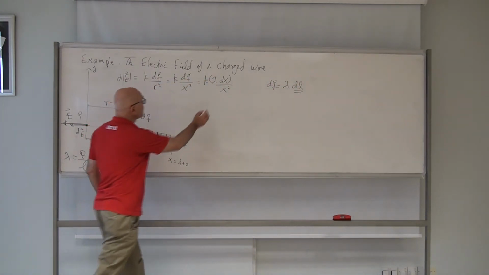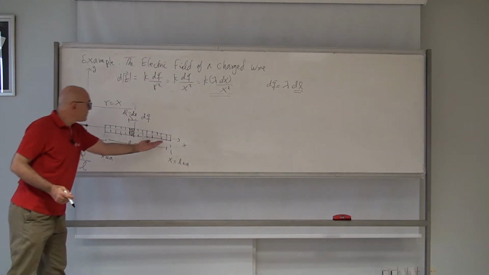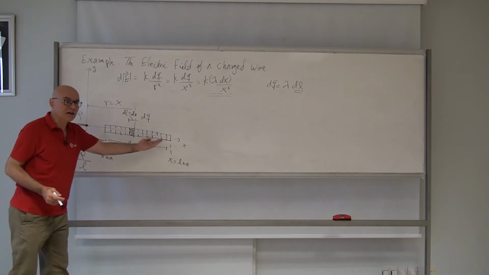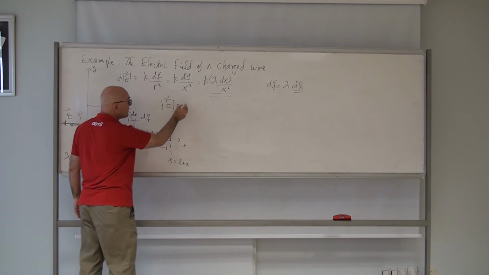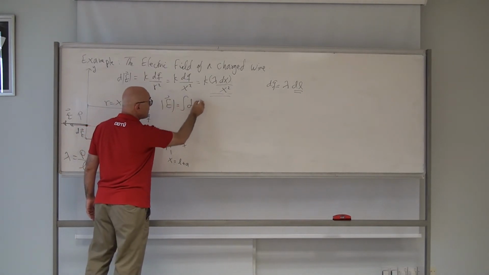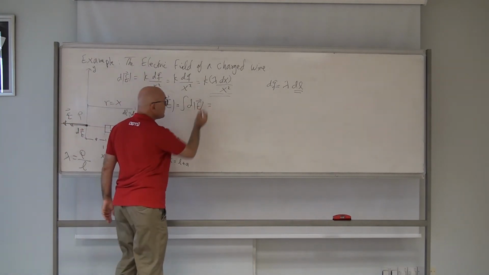So now, having identified this, I add up, I set up the integral. I say that E in this case, the modulus of the electric field, is equal to the integral over dE. You sum the electric fields of all of these, and what is this?